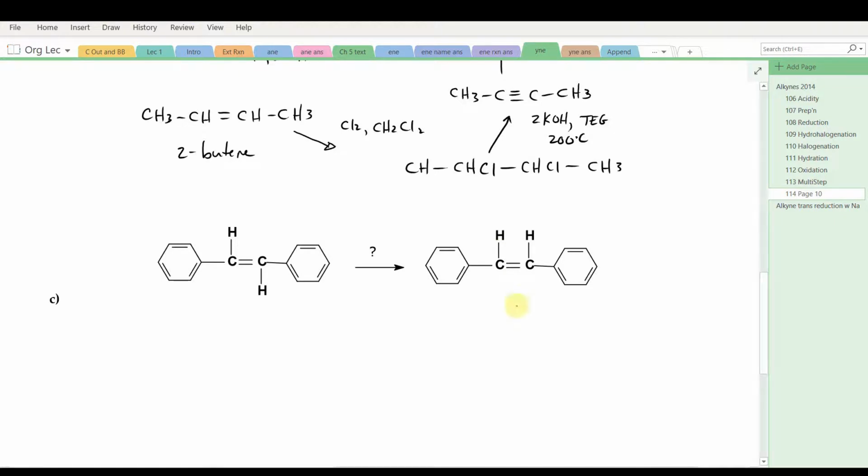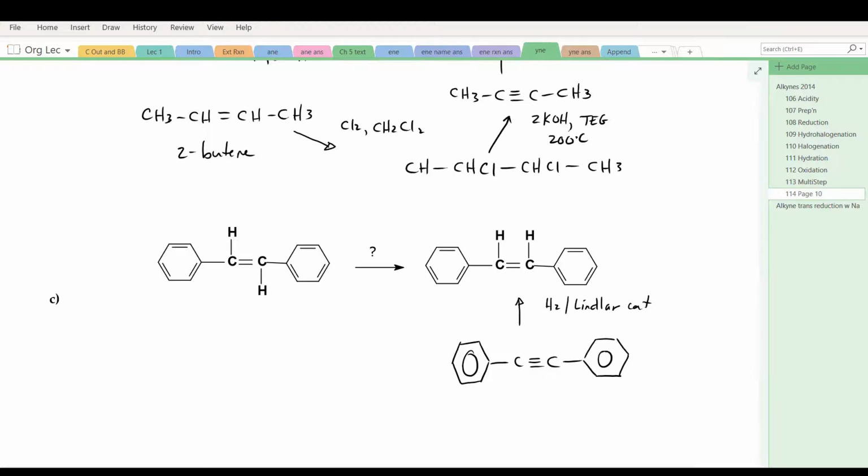It'll help us if we remember that to form the cis alkene, we can do it from the alkyne. And how do we do that? Hydrogen on Lindlar catalyst partially reduces the alkyne to the cis alkene.